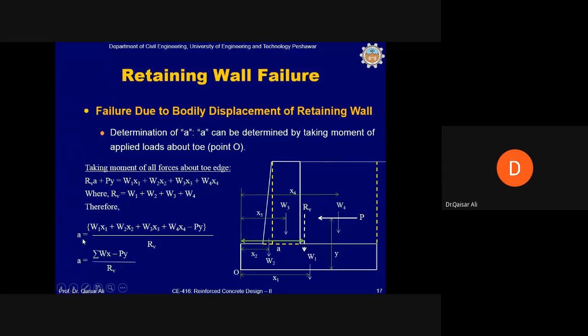Therefore, small a can be very easily calculated from this equation, which is the summation of Wx minus Py, divided by RV, summation of W. Once small a is calculated, we exactly know the location of the resultant RV from the point O. And this is important to be calculated in order to calculate the stabilizing moment, which is summation of W times a.